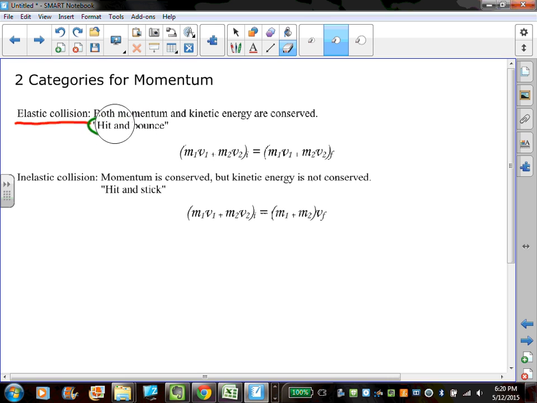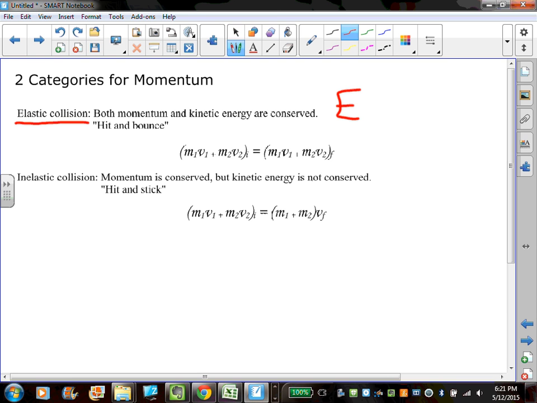So what happens in an elastic collision? Well, momentum is conserved, okay? As long as we have no outside net force acting on our system, we're going to have momentum conserved. But the thing about an elastic collision is that kinetic energy will also be conserved.